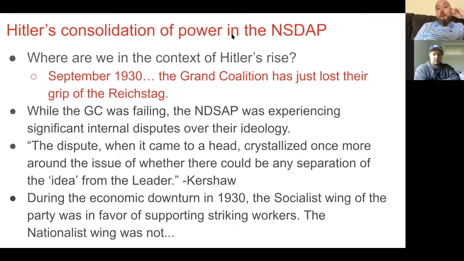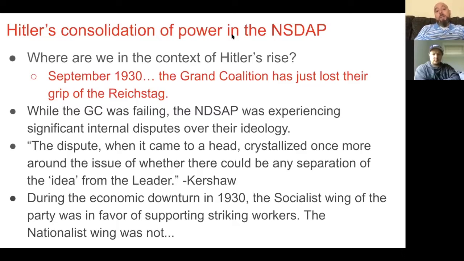And he, up until 1930, shared that power with several leaders, including Strasser, the leader of the socialist wing of the NSDAP. Right now, we are in September 1930. The Grand Coalition has just lost their grip on the Reichstag. Today's lesson, we're going to be going backwards to May of 1930 to look at how Hitler consolidated his authority in the NSDAP.